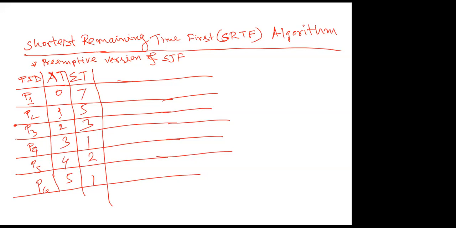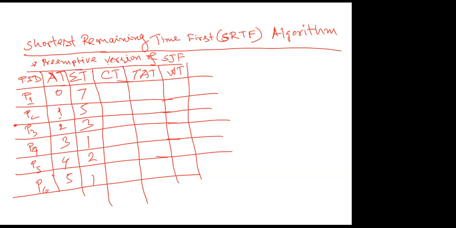This is the execution time. We'll calculate the completion time CT, and also the turnaround time and waiting time of these processes. We'll calculate this when we apply the SRTF algorithm.